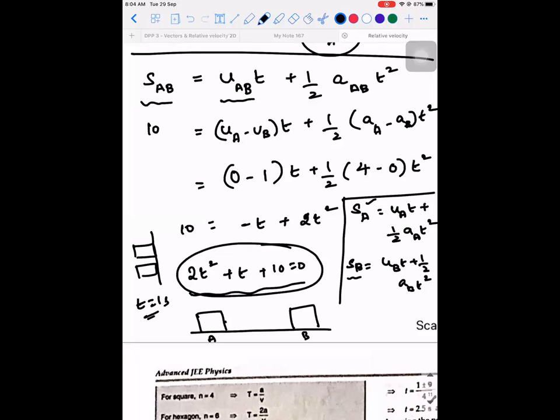So what is the initial distance of separation that is existing between them? That is 10. So how much should be the exact distance A is supposed to travel to at least come in line with B? SA, so it is already traveling, so it would have covered certain displacement. To the displacement, it should have covered this extra 10 meters which was left behind also, so that it will be equal to the displacement of B at that instant.